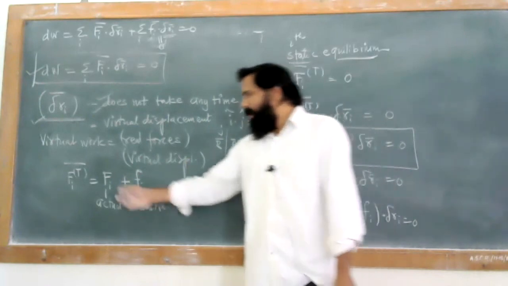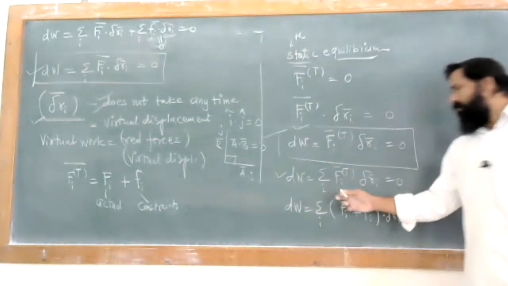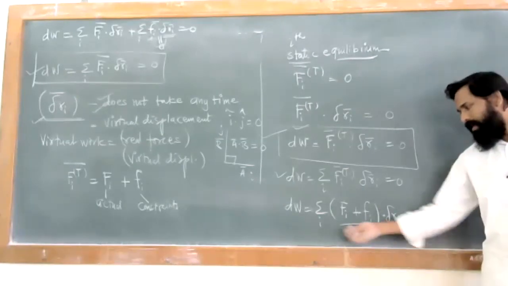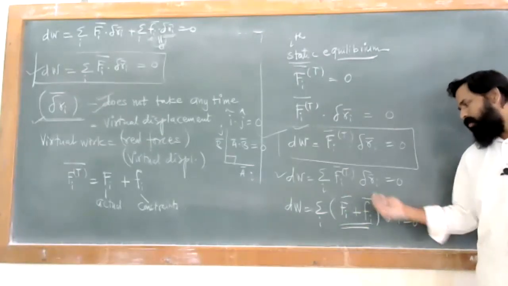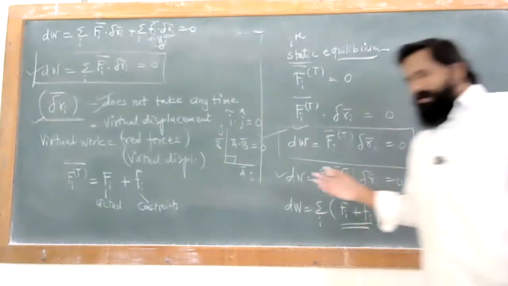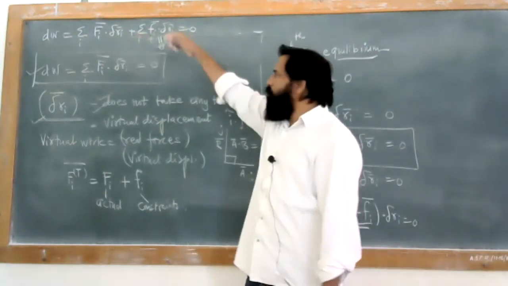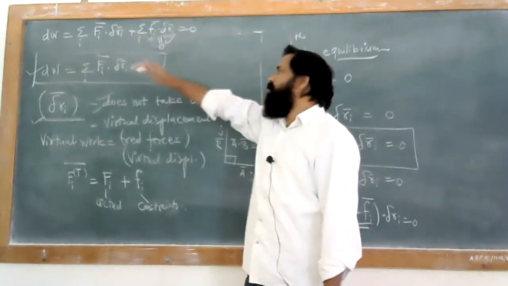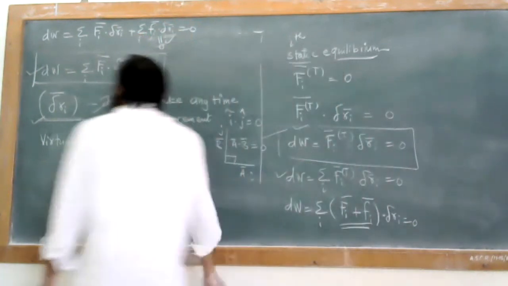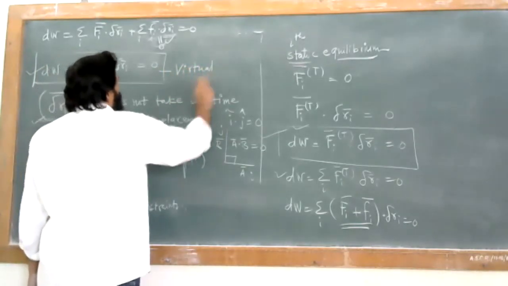Two forces act, one is the actual force, the other is the constraint force. So dw is equal to the summation over i of Fi(t) dot delta ri equal to 0, or in terms of capital Fi plus small fi dot delta ri equal to 0. But we assume this virtual displacement is perpendicular to the constraint force, so the dot product is 0, and the only term left is dw equal to the summation over i of Fi dot delta ri. This is called the principle of virtual work.